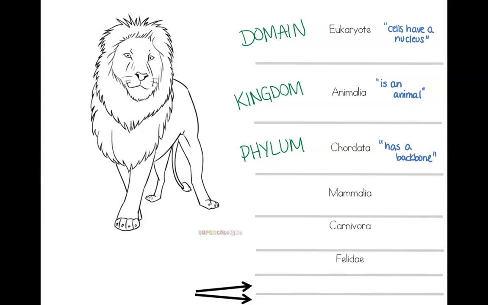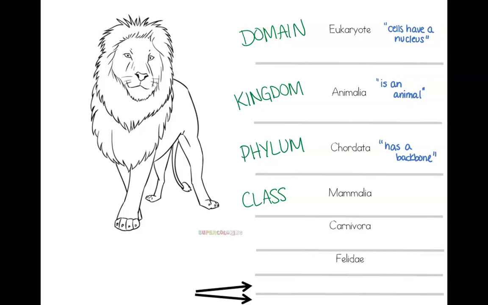So, just a reminder, the green stuff goes on the outside of the flaps. The blue stuff goes on the inside of the flaps. Okay, and what we're doing here is we're just getting more and more specific as we go down with each level of classification. Let's keep going. So, the next level of classification is going to be called its class, and for a lion, that is Mammalia.